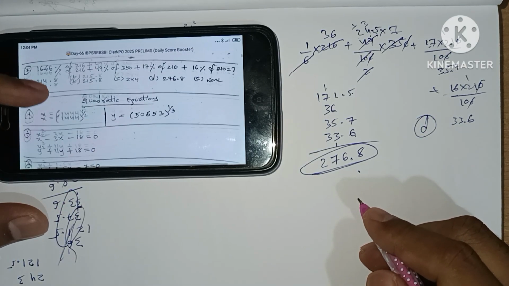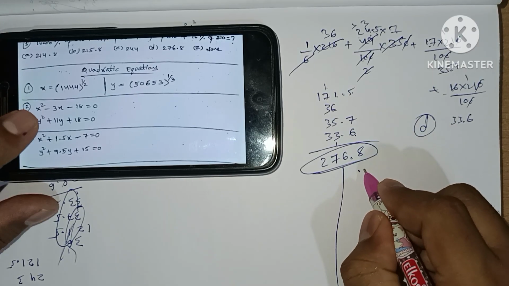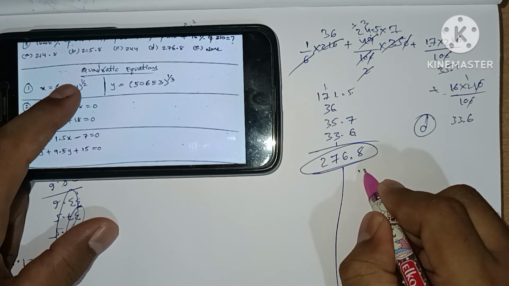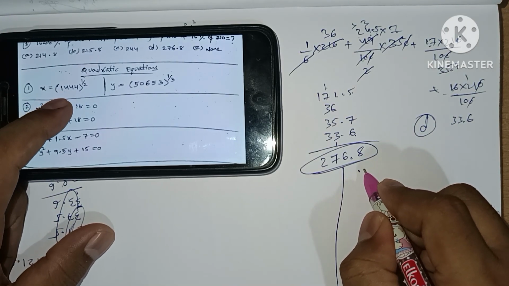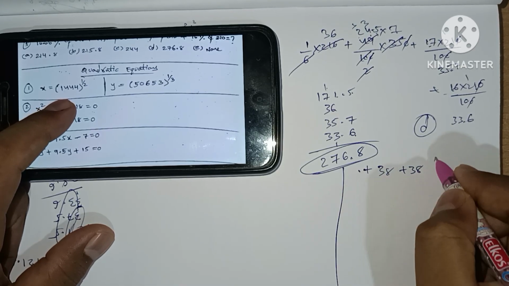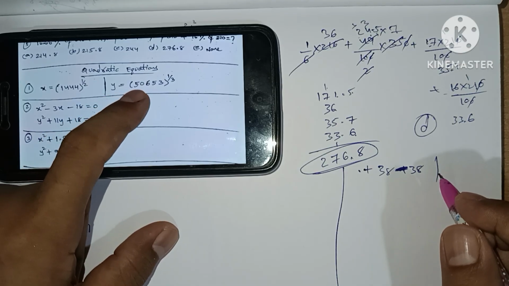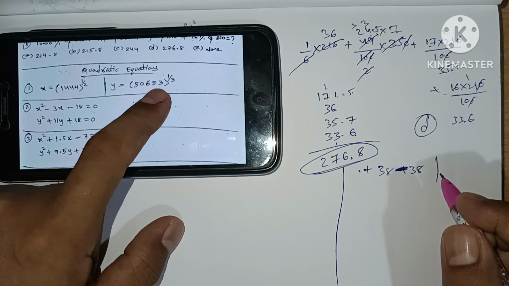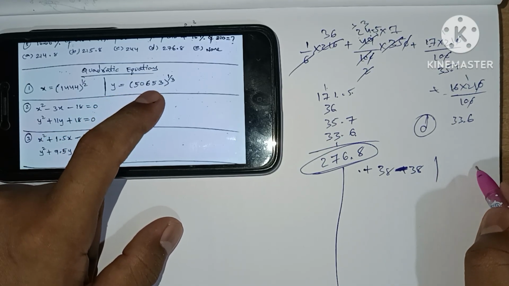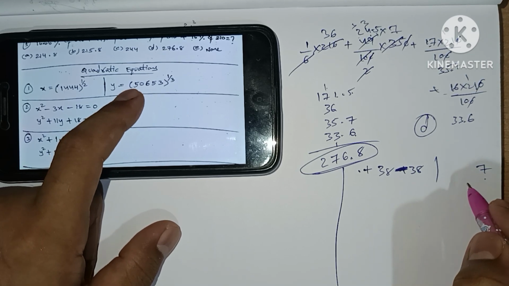Now we are going to see quadratic equations. Quadratic equation, first question. x value is 1,444 whole power 1 by 2, which means it is plus or minus 38. Here we get y value equals 50653 whole power 1/3. Unit digit is 3, so it must be the unit digit of 7, leaving 3 digits 50.